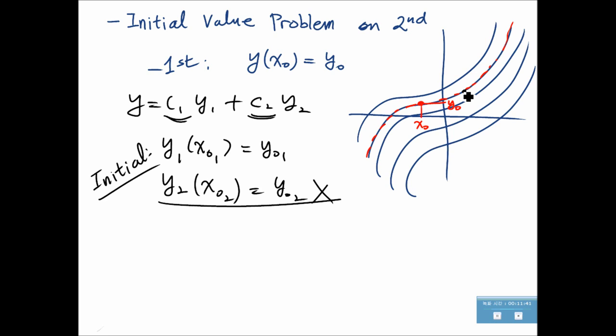You won't have a different C. So you should instead have y at x naught and y prime at x naught. That's the initial condition for the second order system.